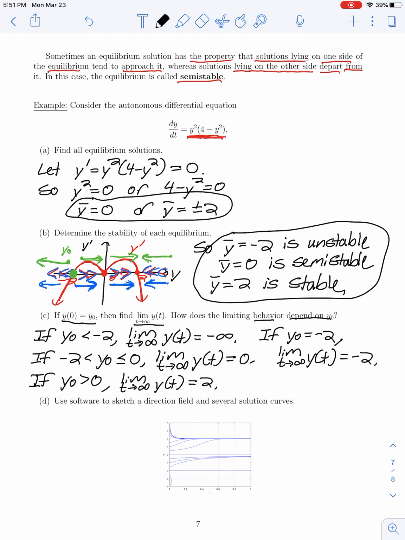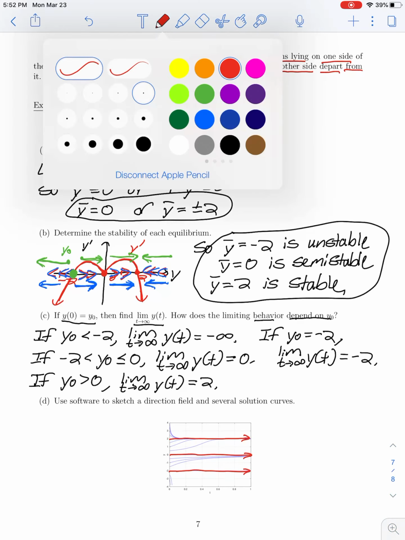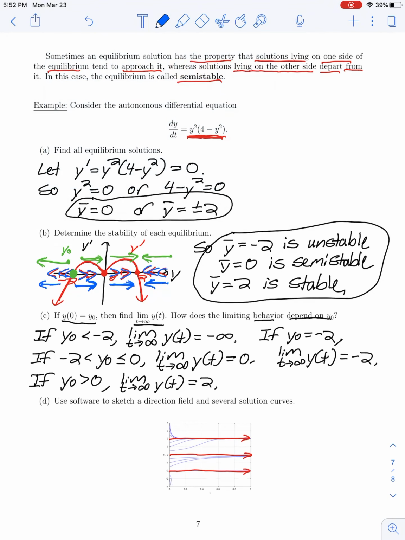And again, in part D, I mentioned that we could make use of software to sketch a direction field for this equation along with some solution curves, and we verify our results. We have equilibrium solutions at -2, at 0, and at +2. And as we mentioned in our earlier analysis, if we start anywhere below -2, our solutions are very rapidly approaching -infinity.